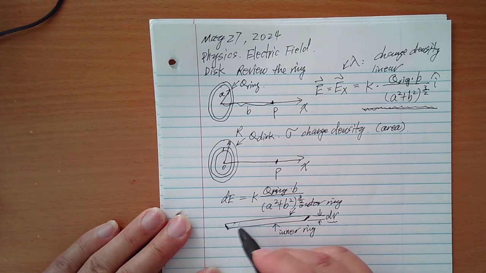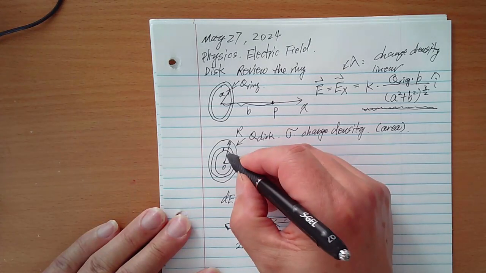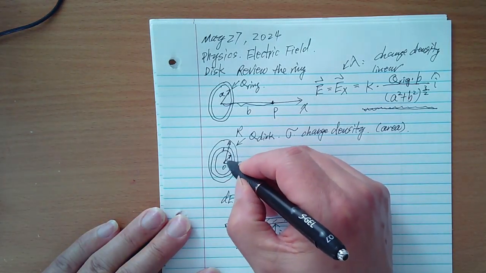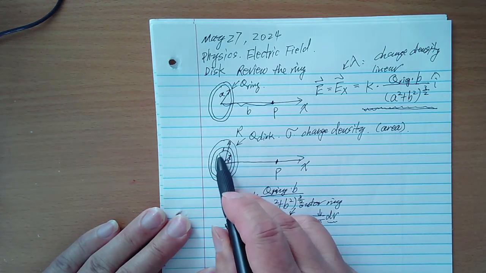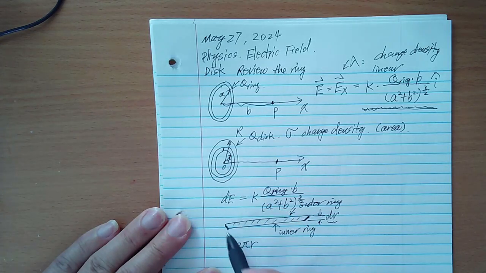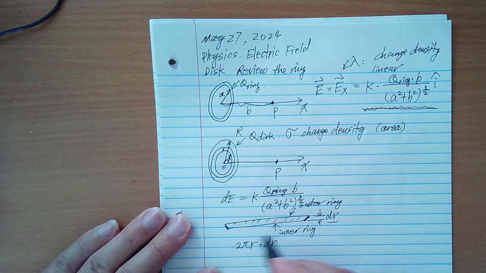So the whole area we can roughly think of as 2 pi r, where the radius is r right here. Then 2 pi r is the circumference of this circle, from here to here, times dr, and we get the whole area.